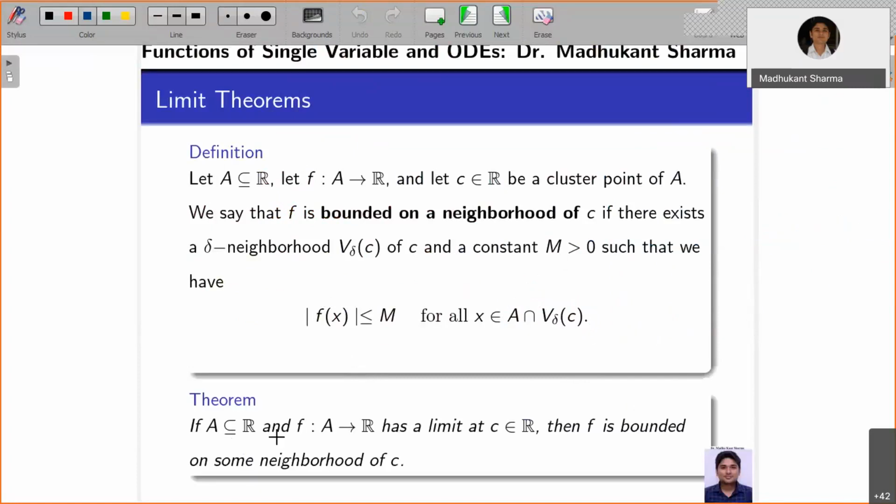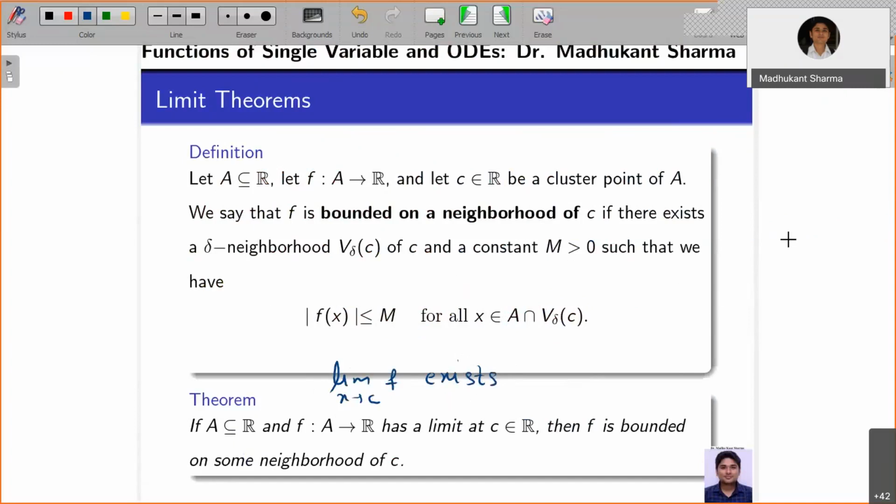If A is a subset of R and f from A to R has a limit. Okay, so the only thing you need to have is limit x tends to c of f exists. If this happens, then you can certainly find a neighborhood of c over which the function is bounded.